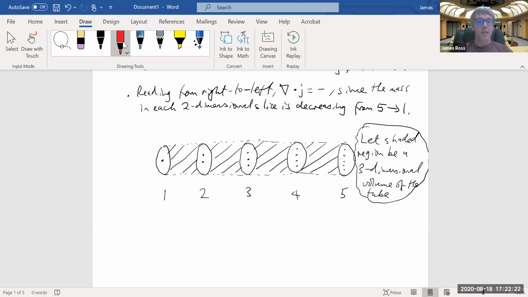Let's start on slice 1, and let's look what happens when we end at slice 2. What happened in the middle is we gained 1 piece of mass. Start on slice 2, we end up at slice 3. What happened in the middle? We gained 1 piece of mass. Going from 3 to 4, we gained 1 piece of mass. Going from 4 to 5, we gained 1 piece of mass.